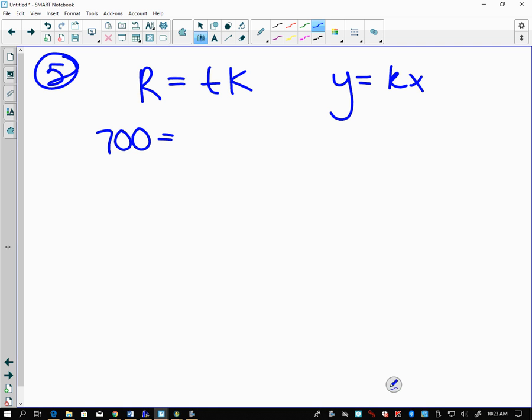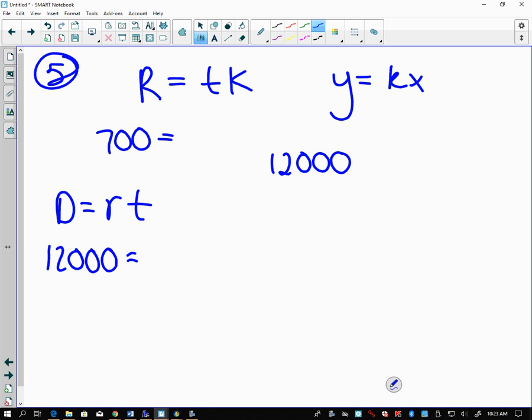Okay. So one of the things I want you to understand is that distance equals rate times time. That's essentially what we're talking about here: distance, rate, and time. So if my question deals with 12,000 feet, that's my distance. Okay. My rate is the per second that something is moving. That would be the 700 here. And then I would be solving for time.